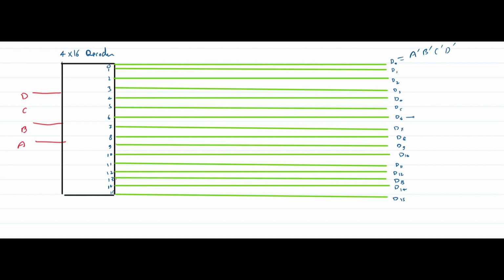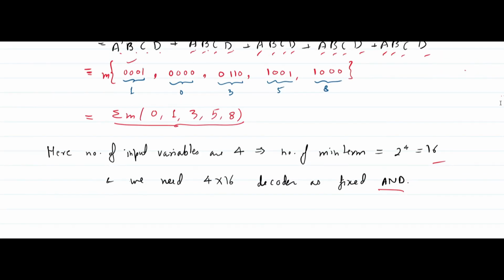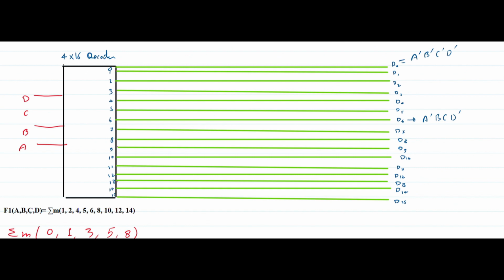Similarly D6 is nothing but a' b c d', likewise only, right? Now let me see what are the equations that I want. So the equations that I want are, this is function F1 and this is function F2.